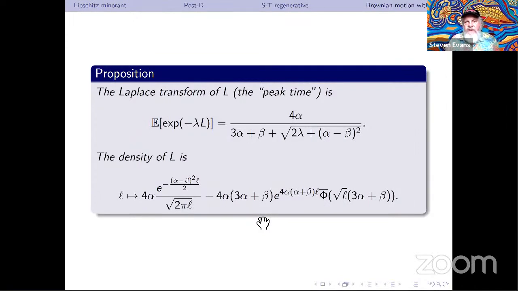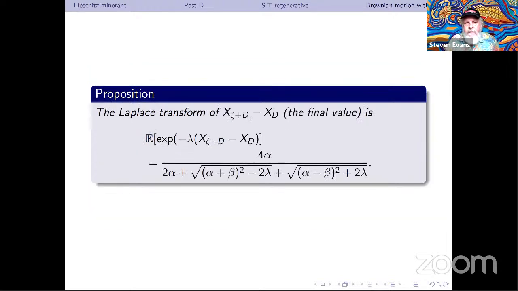The Laplace transform of the peak time, we can get an explicit formula for that, and an explicit formula for the density of the peak time, and the Laplace transform of the final value. We can get our hands on that.